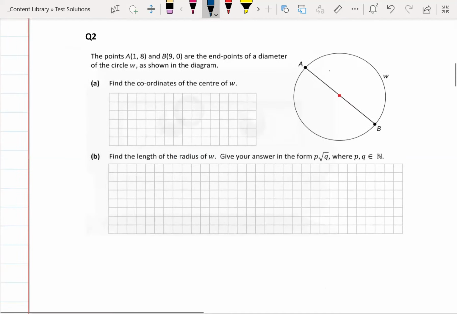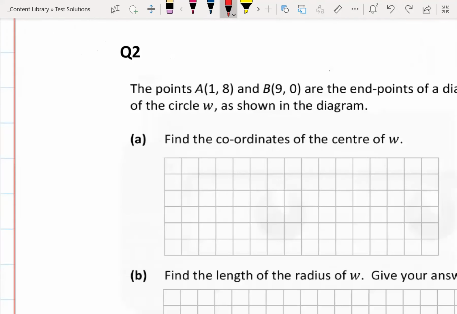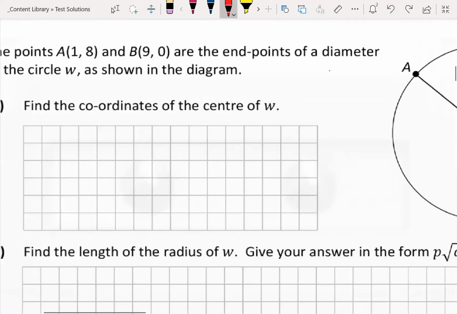Okay, so A and B, maybe we'll label them x1, y1, x2, y2. This time we're using the midpoint formula. These formulas were written on the board for you during the test.